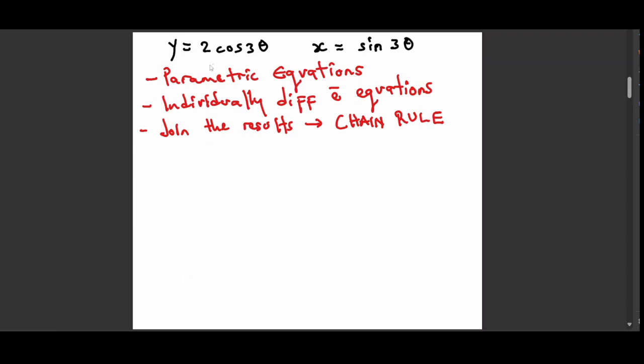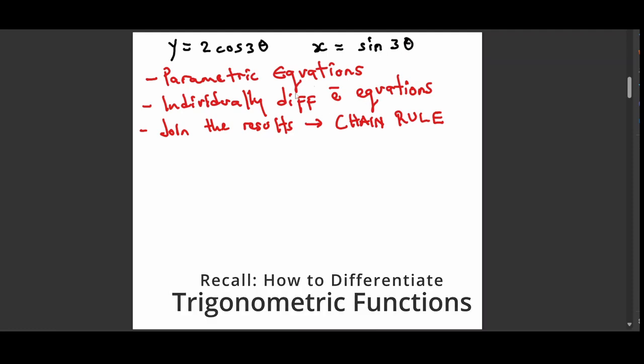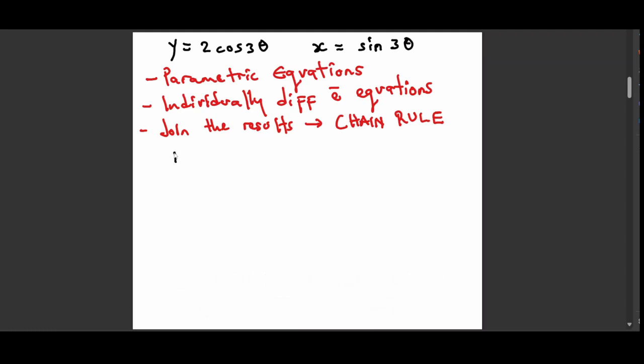We have y is equal to 2 cos 3 theta, and we have x is equal to sine 3 theta. When we are differentiating trigonometric functions, we use what is termed the PTA strategy. What the PTA strategy stands for is, firstly, we differentiate with respect to the power.